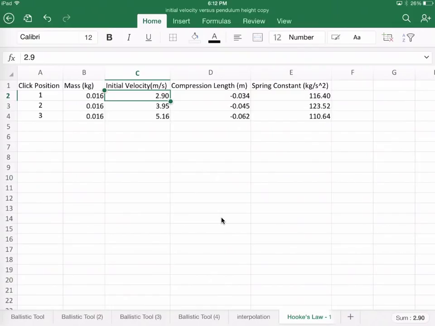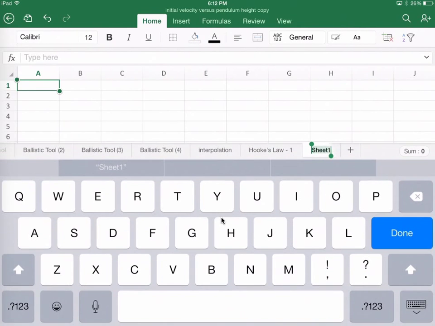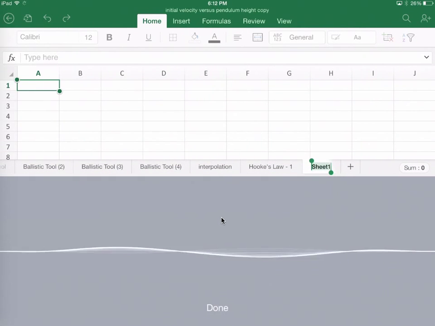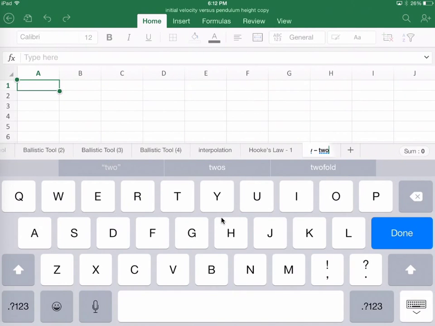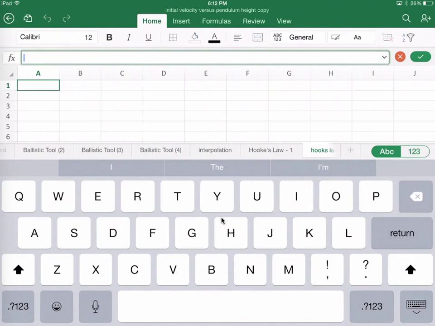Let's push the plus sign and call this Hooke's law dash 2. I'm going to say compression length and give that a title.